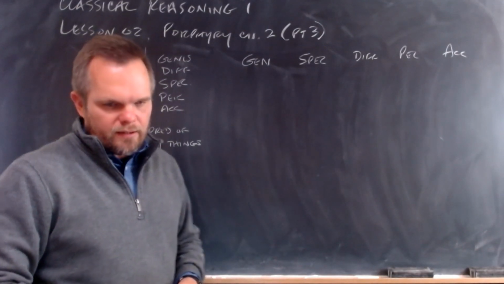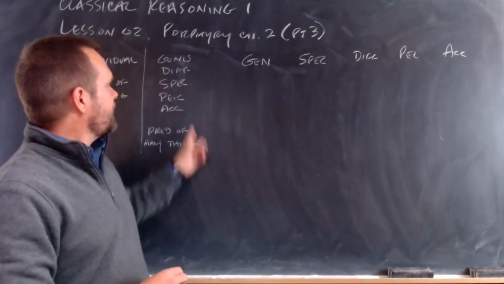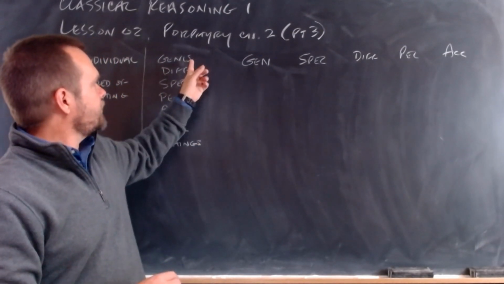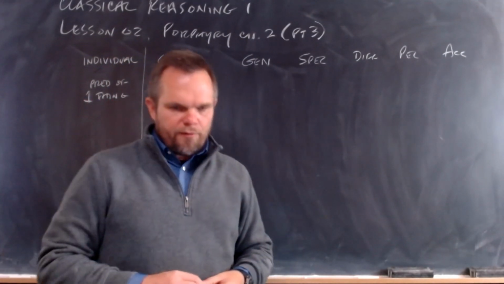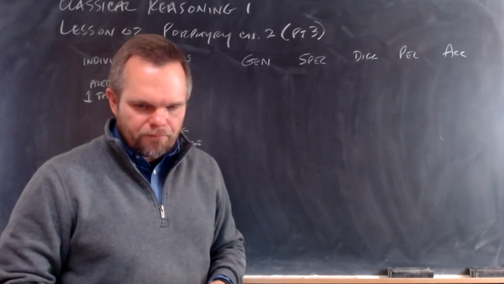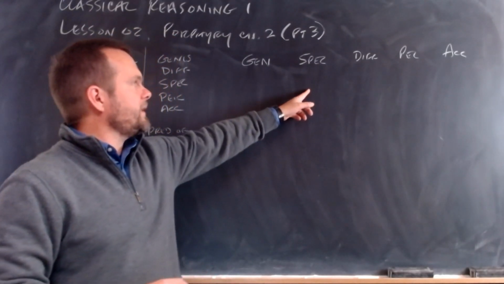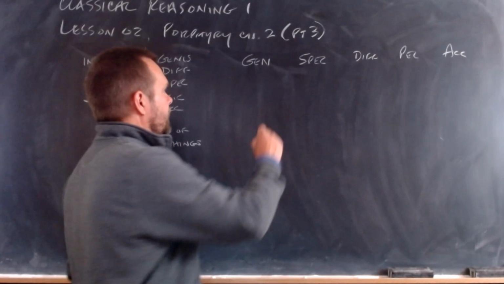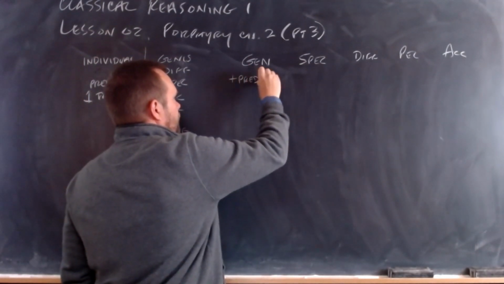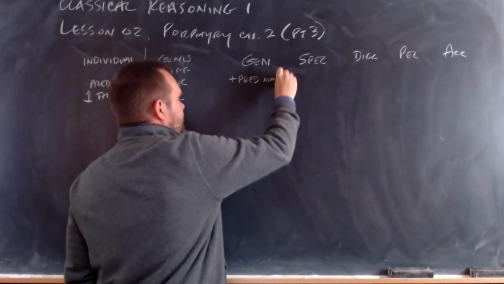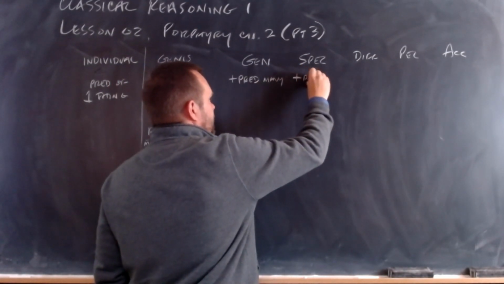But genera differ from those things which are predicated of many things, all of these. How is genus different from all these? In the first place, from species, because those species are predicated of many things. So I can say genus is predicated of many things, species is predicated of many things.